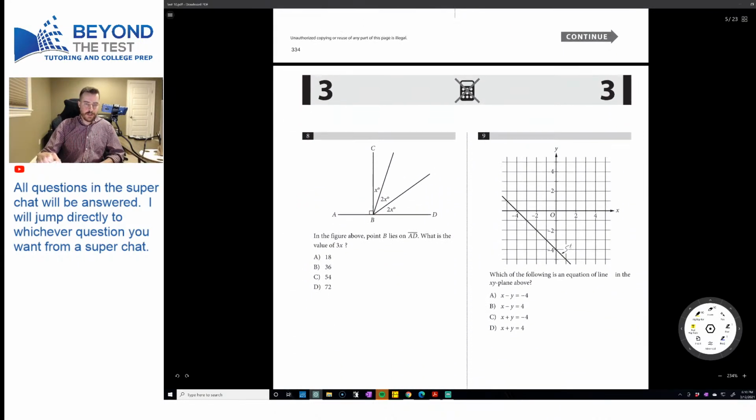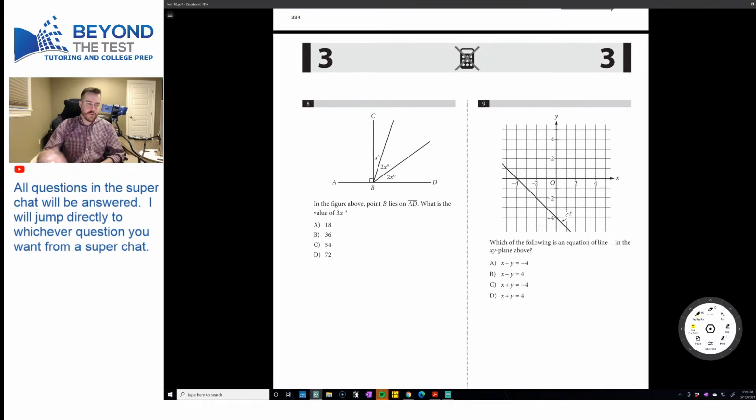All right, continuing on the non-calculator section here, we come across question number 8. It says, in the figure above, point B lies on AD. What is the value of 3x? Okay, well, before we find 3x, we should probably figure out what x is. A good thing that I like to do here is use this circle thing. So we know in a circle, there's 360 degrees.